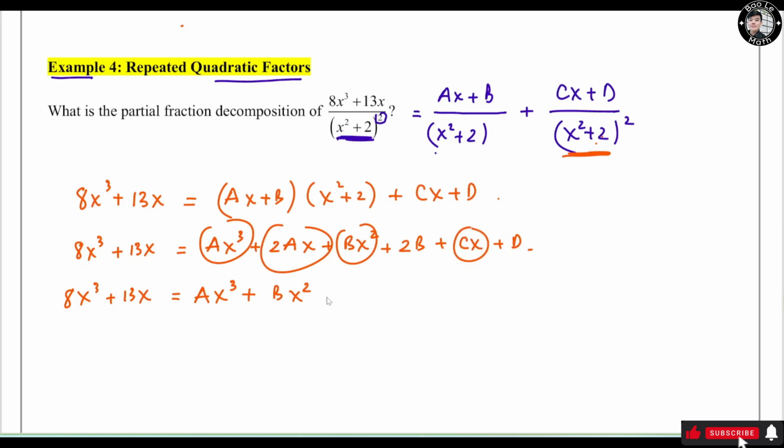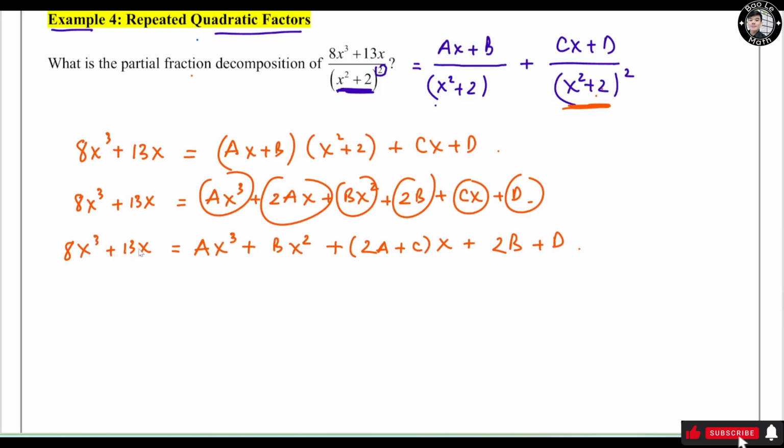I factor s out, it's going to be (2a plus c) times s, and you have a constant right here, plus 2b plus d. 8s cubed plus 13s, I can rewrite as 8s cubed plus 0s squared plus 13s plus 0.